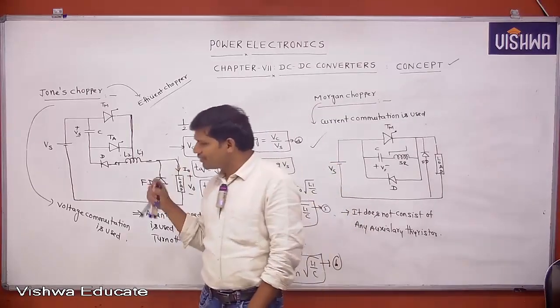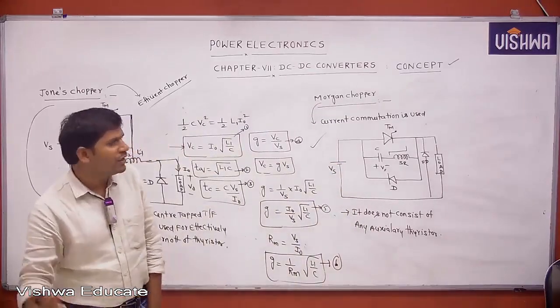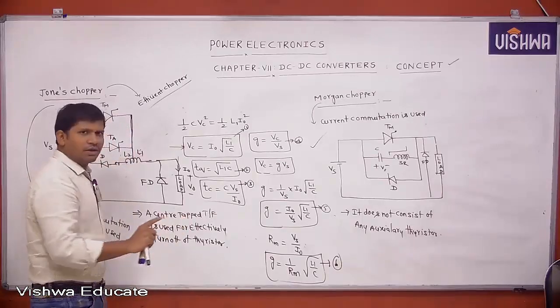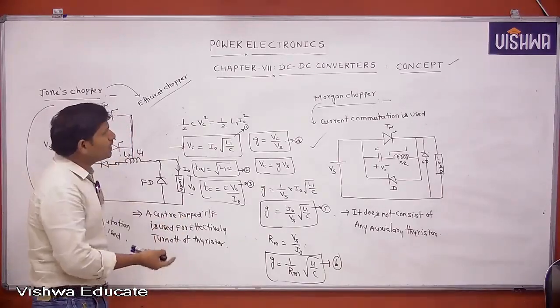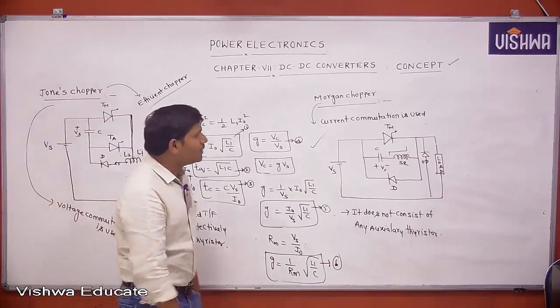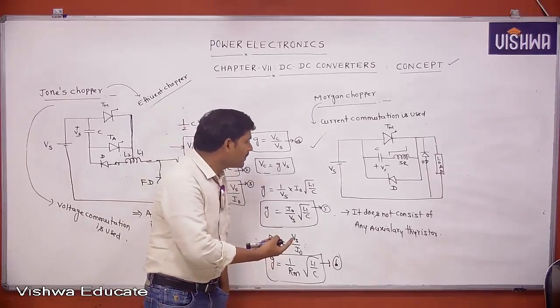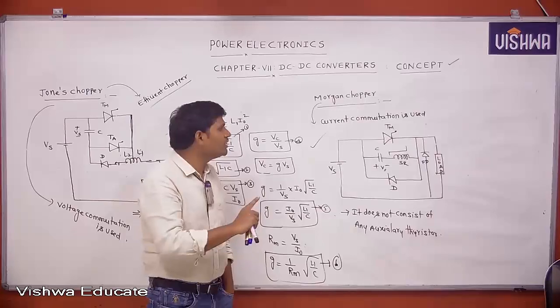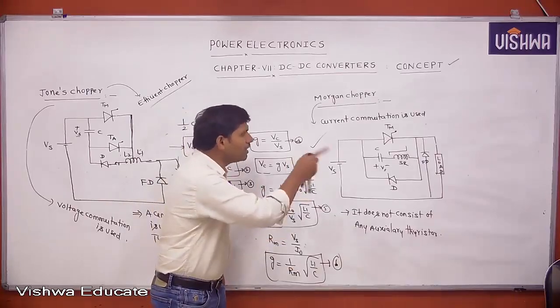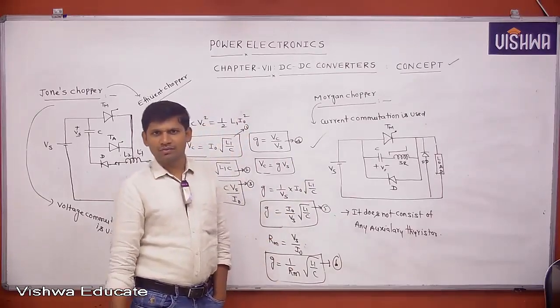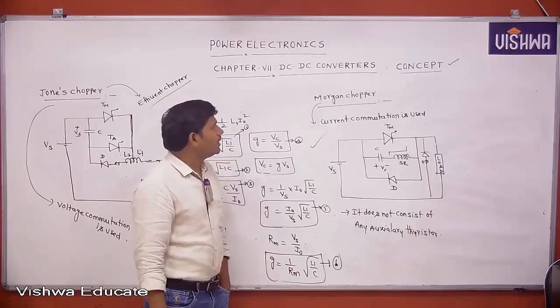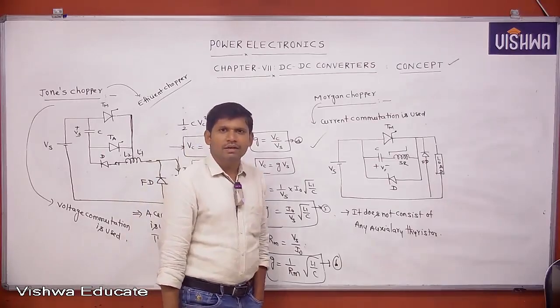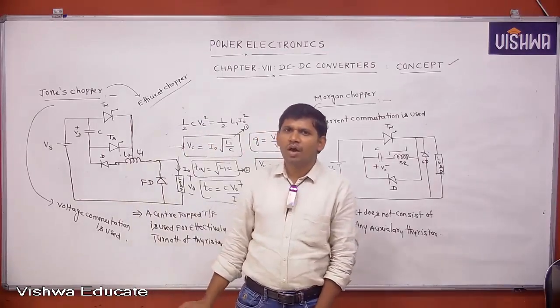I'm just giving some implementations and modifications in the chopper circuits. Why you go for zone chopper, why you go for Morgan chopper, this I am discussing. Here we are not using any auxiliary thyristor, we are using a saturable reactor. Based on positive saturation and negative saturation, the main thyristor will be turned off. Okay, this is in detail about the types of choppers based on commutation.